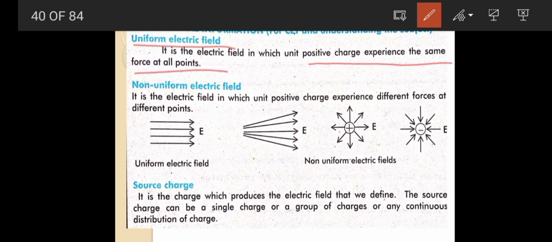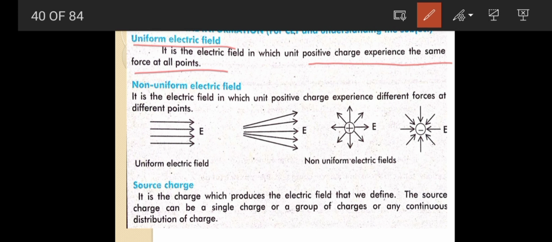We already defined electric intensity: it is the force experienced by a unit positive charge at a given point. If the unit positive charge experiences the same force at all the points, then that electric field we can call a uniform electric field, because the electrostatic force of the given field is constant on a unit positive charge at all the points.